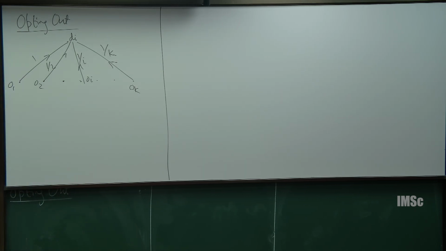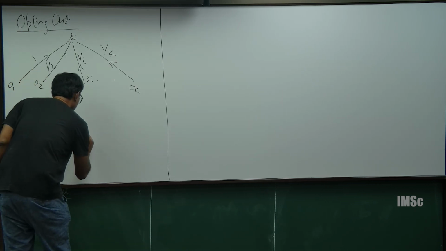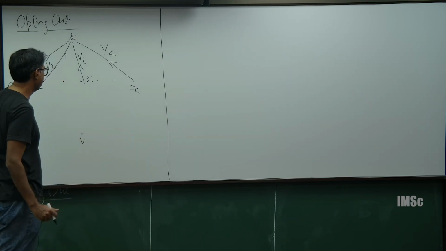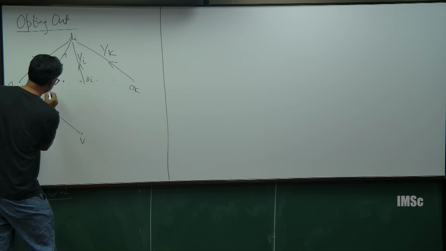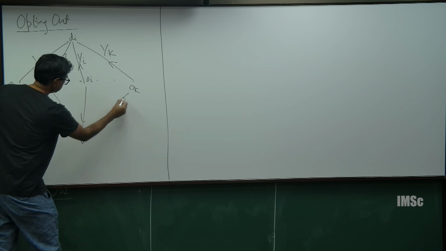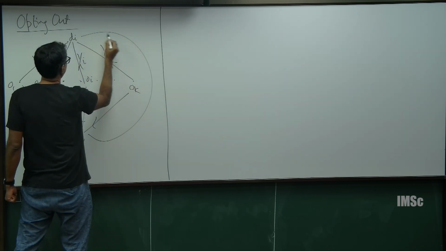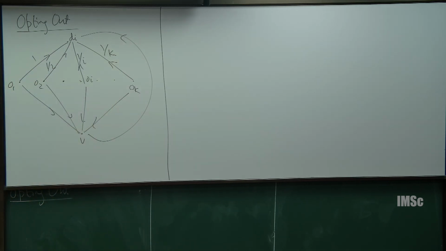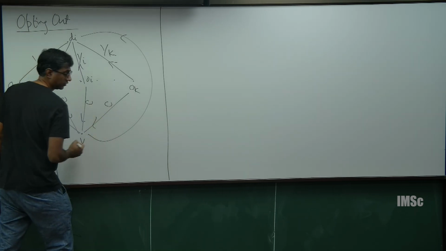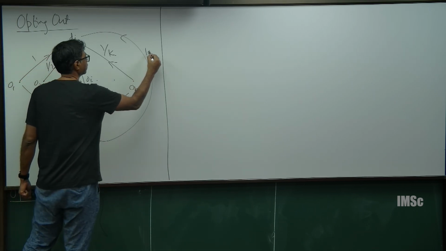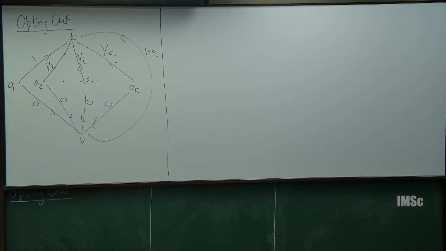And there is another route via V. So, either you go like this or you can go and come like this, and you roam around. The cost of these edges is 0. You can go here and this is 1 plus epsilon. So, this is my network.